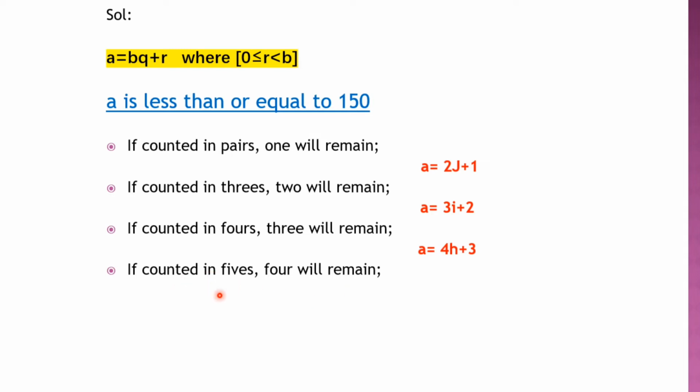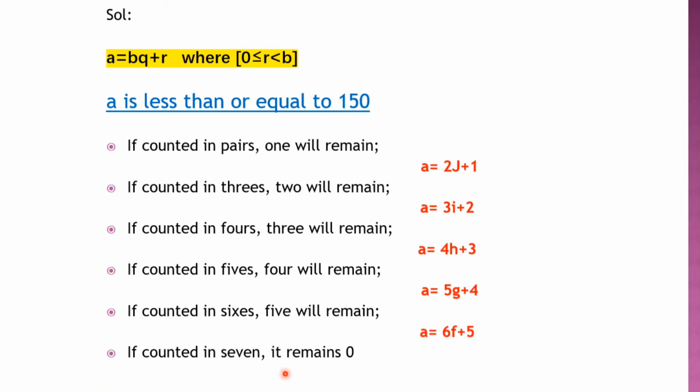That means a is equal to 5 times some quotient plus 4 as the remainder. Next, if counted in sixes, 5 will remain. That means a is equal to 6 times some quotient plus 5 as the remainder.